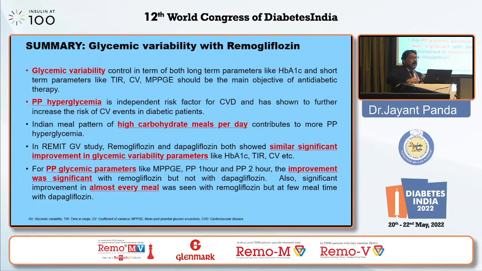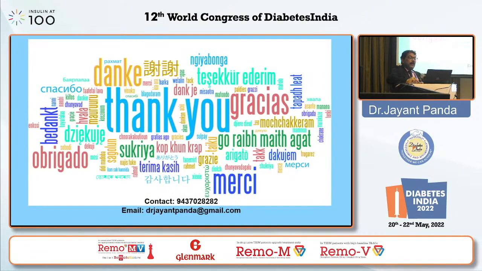But for postprandial glycemic parameters like mean postprandial glycemic excursion and first and second hour postprandial blood glucose, the improvement was significant with remogliflozin but not with dapagliflozin, and significant improvement at almost every meal, that is breakfast, lunch and dinner, was found with remogliflozin, but only a few mealtimes with dapagliflozin. So we can conclude that maybe because of its twice daily dosing, the excursions and postprandial peaks are better controlled, which this study, REMIT-GV, shows.